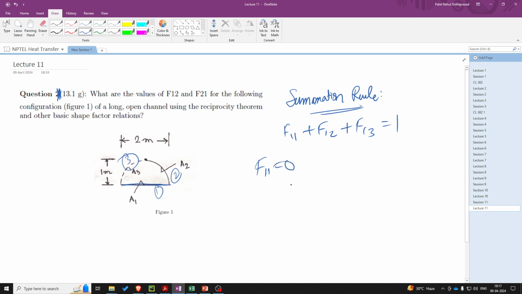So we can ultimately write F12 plus F13 is equal to 1.